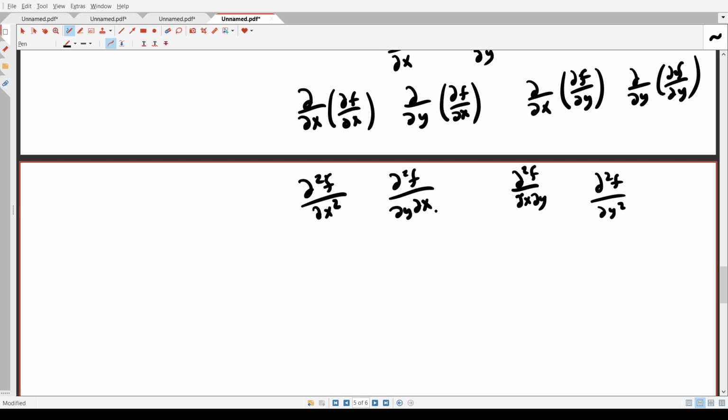So that's what the difference is, right? This is the y derivative of the x derivative, and this is the x derivative of the y derivative. Now, one fact is that if your function is differentiable, then these two things are going to be equal.